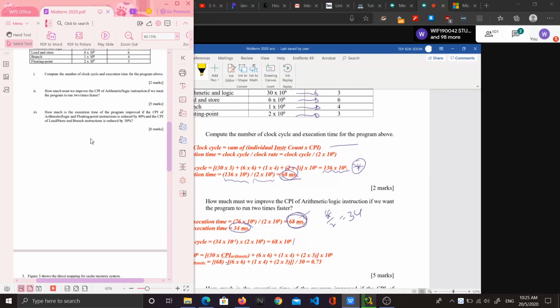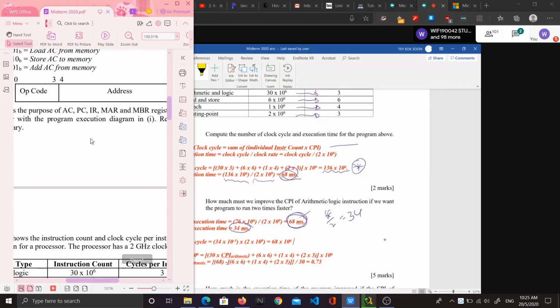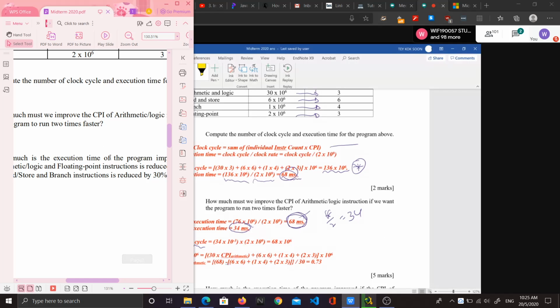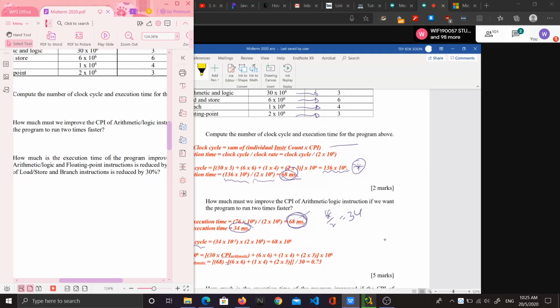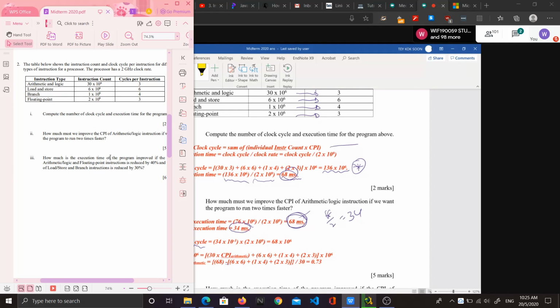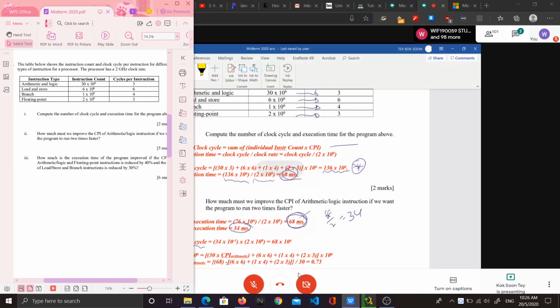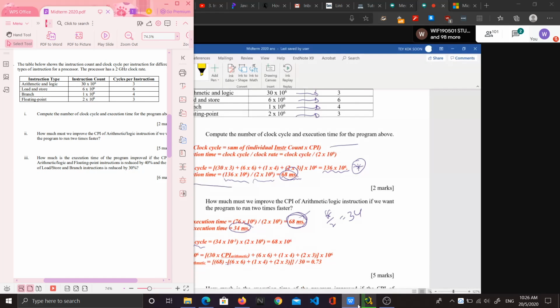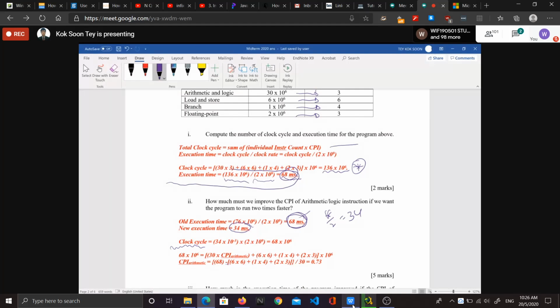Then you need to calculate the clock cycles for 34 milliseconds. You're just using this formula, inverse this formula, okay? The execution time equals the clock cycles divided by the clock rate, right?